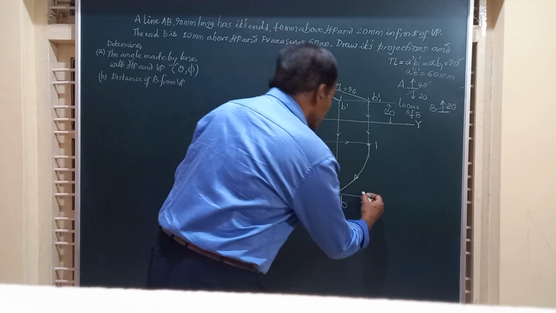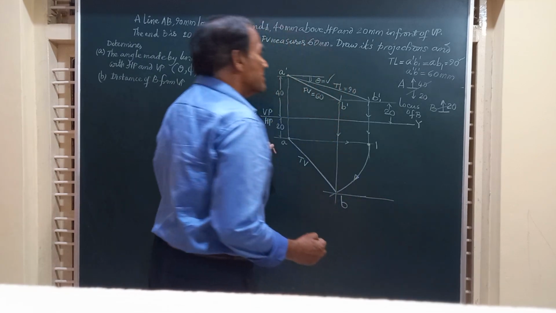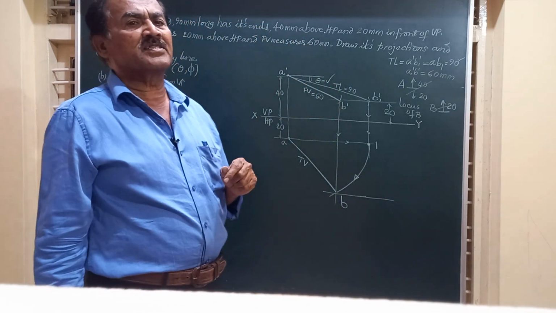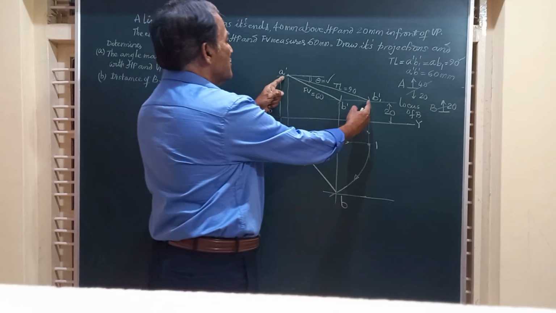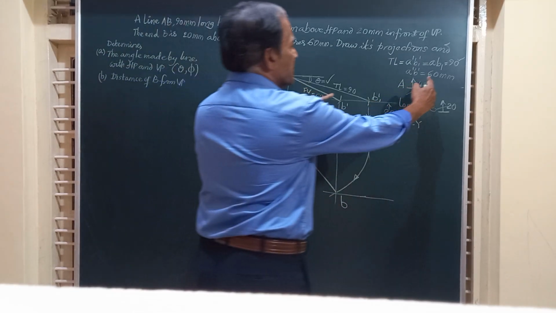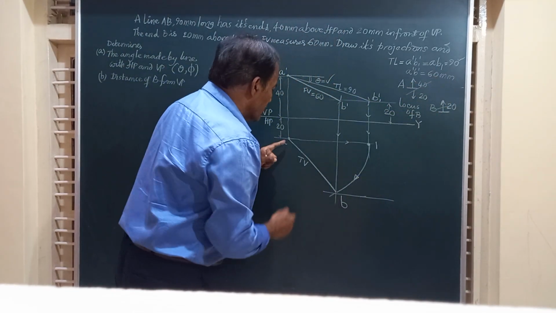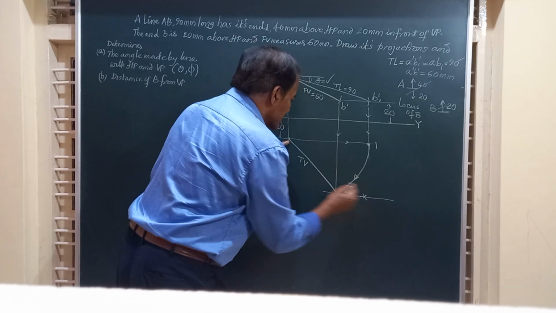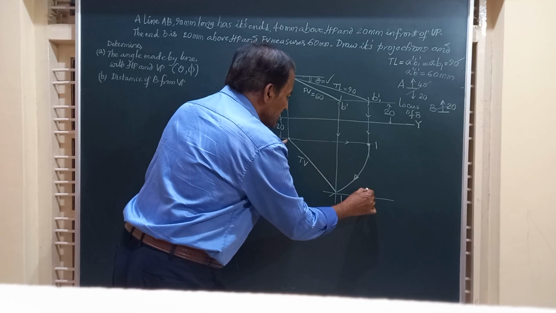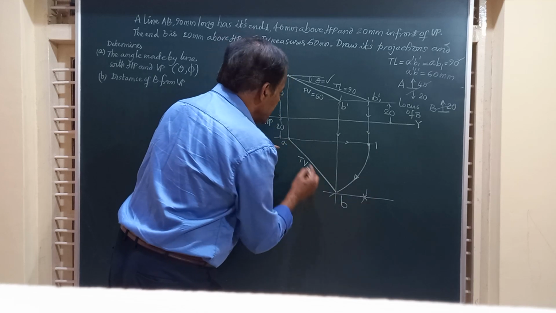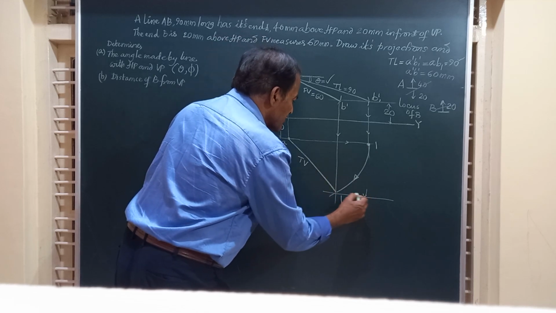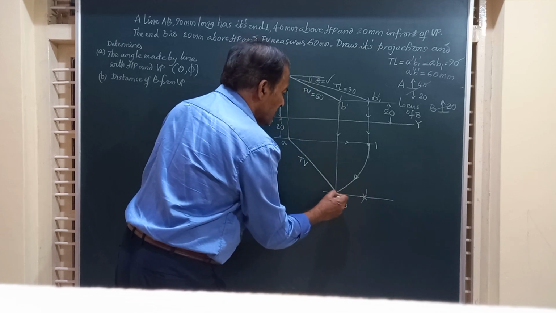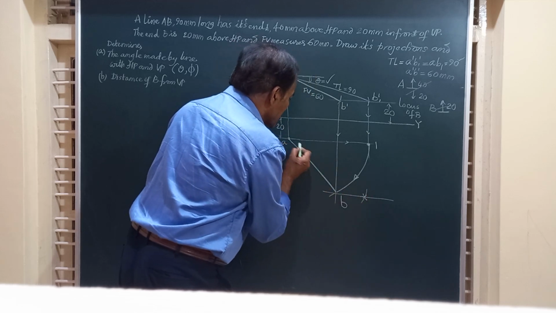Friends, after this, we are left with marking the true length in the top view. True length is given to be A dash B1 dash, which is also equal to AB1. This is A, B1 should lie somewhere along this. So taking A as center, 90 millimeter length as radius, we are going to draw an arc to cut the locus of B here and obtain AB1.